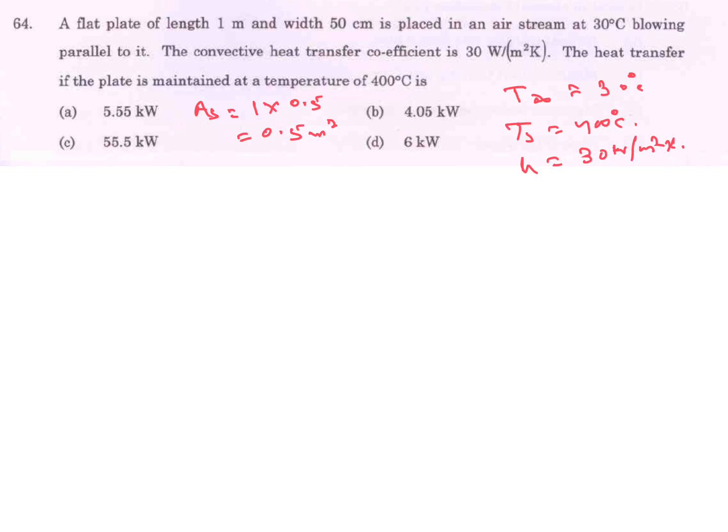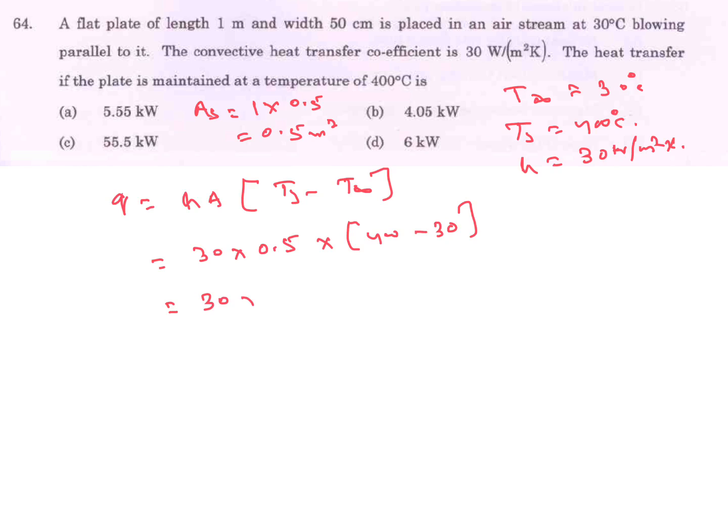We know Newton's law of cooling: Q equal to hA (Ts minus T infinity). Put the value. H is 30, A is 0.5 into 400 minus 30. So we'll get 30 into 1 by 2 into 370.